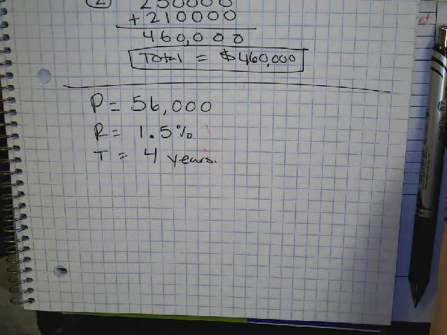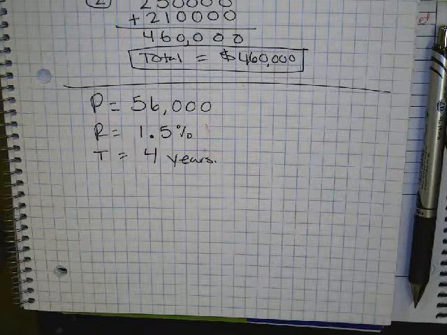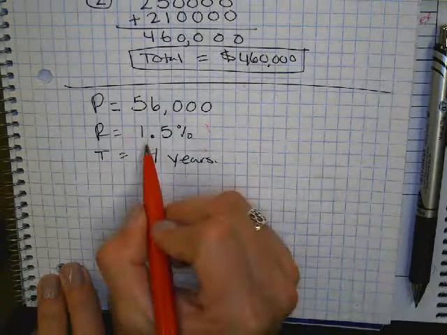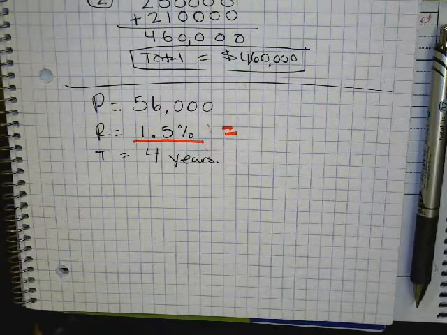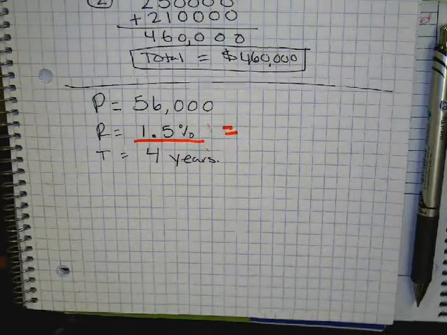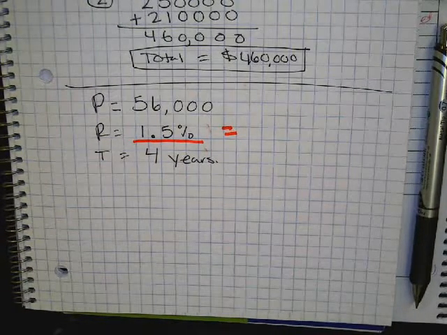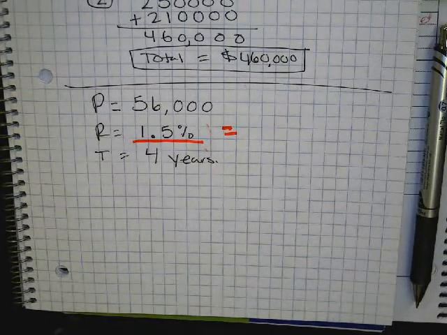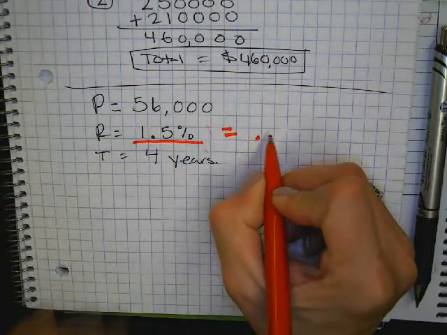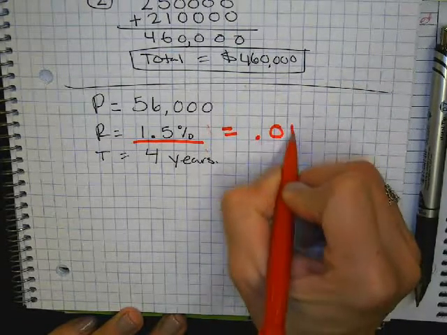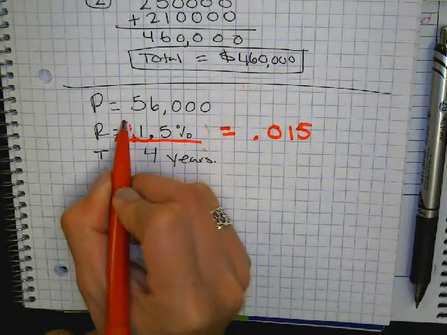What's the first thing you should do? Very good. I'm going to take the percent and write it as a decimal. What is 1.5% written as a decimal? Good job. Excellent. My other class had a very hard time telling me that. 0.015.